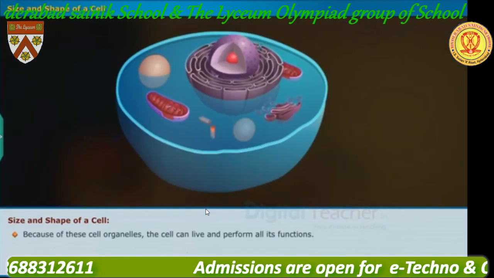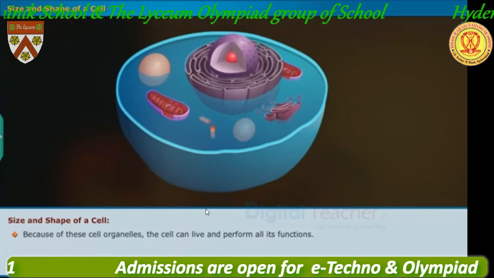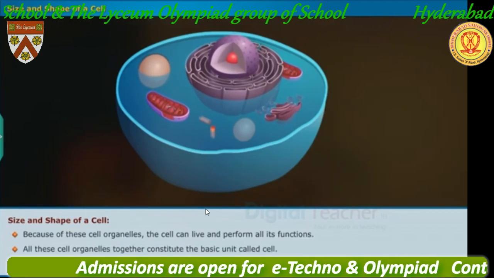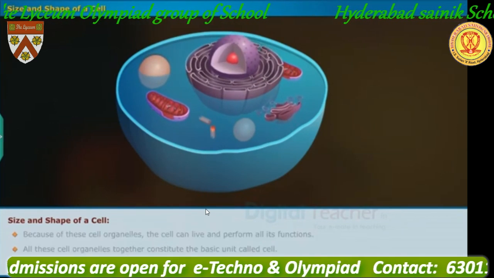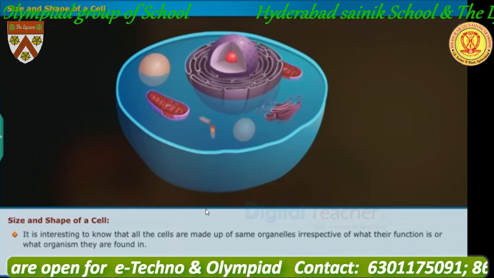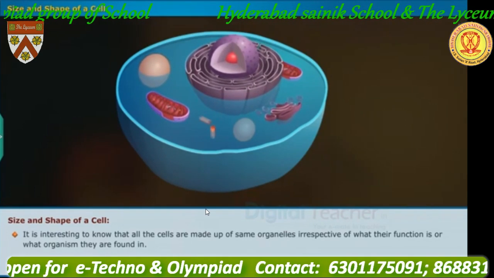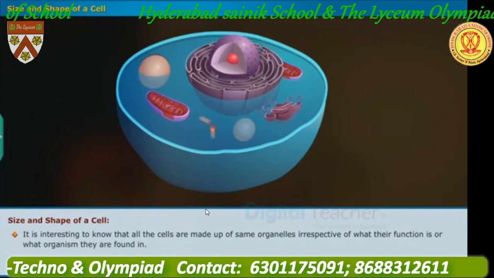Because of these cell organelles, the cell can live and perform all its functions. All these cell organelles together constitute the basic unit called cell. It is interesting to know that all the cells are made up of same organelles irrespective of what their function is or what organism they are found in.